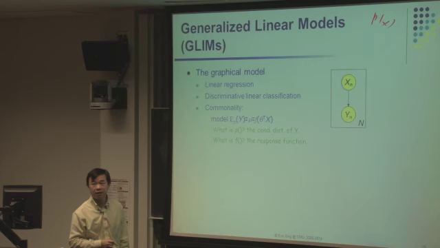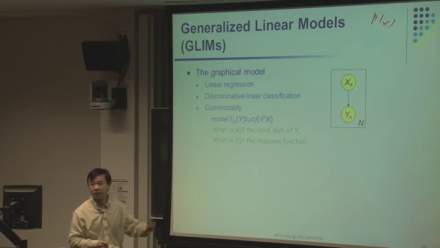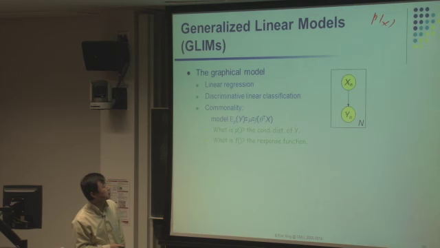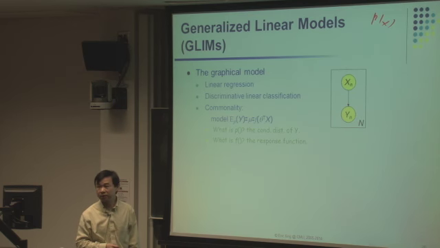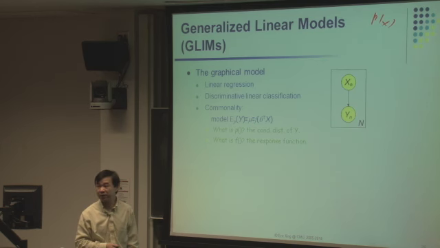You probably can now establish correspondence of this definition to many of the things you learned before. For example, what does logistic regression correspond to? This one corresponds to a linear function, that one corresponds to a sigmoid function.